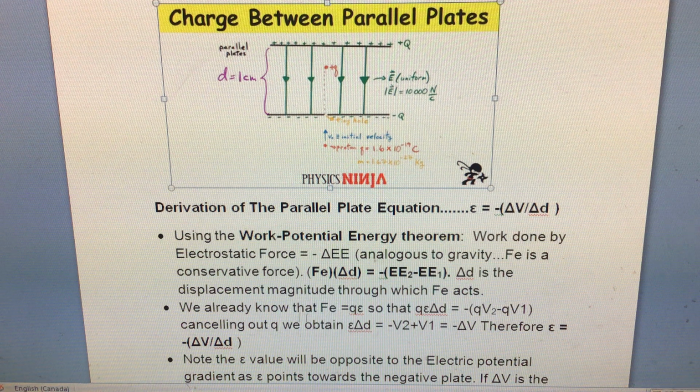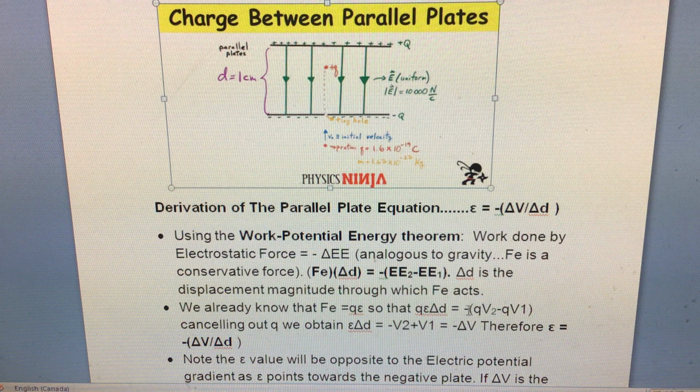Now we already know that Fe is equal to QE, so we can substitute Q squiggly E in for Fe. You're going to have Q squiggly E delta D equal to negative (QV2 minus QV1). Don't forget that QV is just equivalent to electric potential energy.